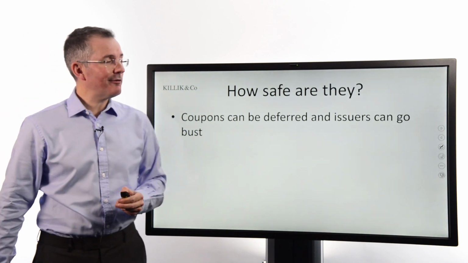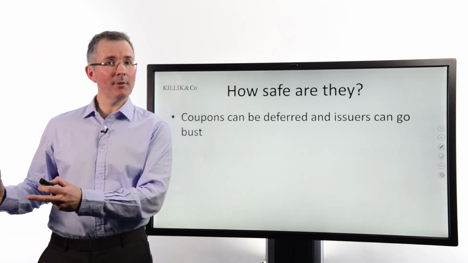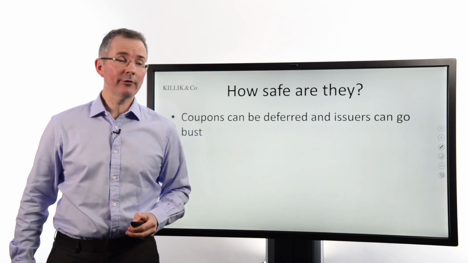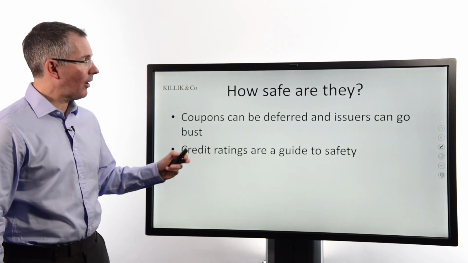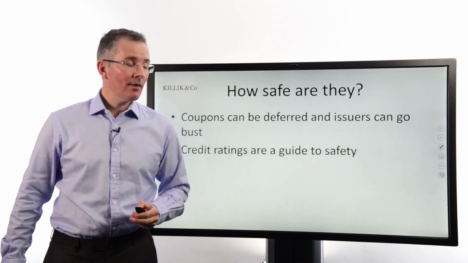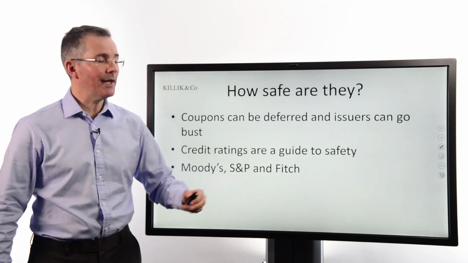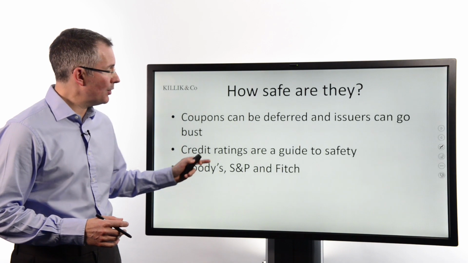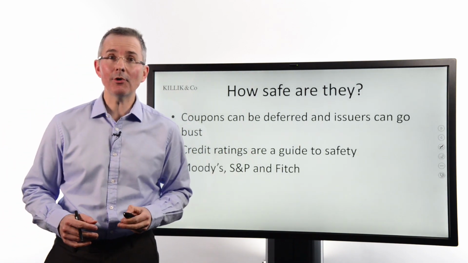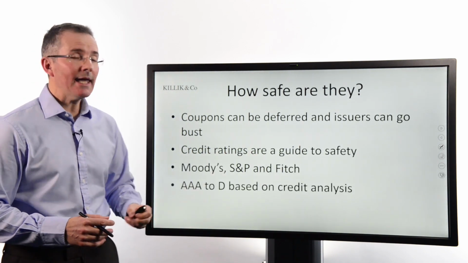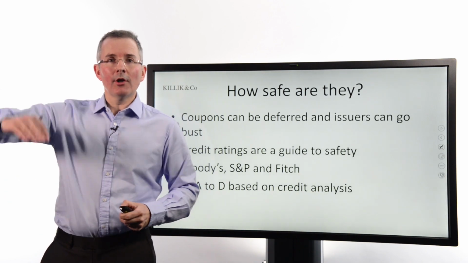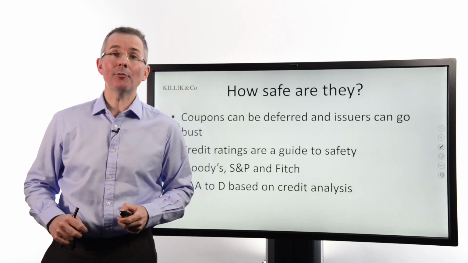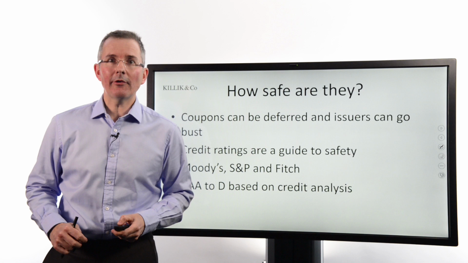Now, coupons can be deferred, issuers can go bust, maybe not governments, but certainly corporate issuers. So you'll be glad to know there are credit ratings agencies out there that offer gradings on fixed income securities. Okay? Common names, Moody's, S&P and Fitch, the three big ratings agencies, and they give what are called credit ratings, AAA being the highest, D being the lowest, the bad news.